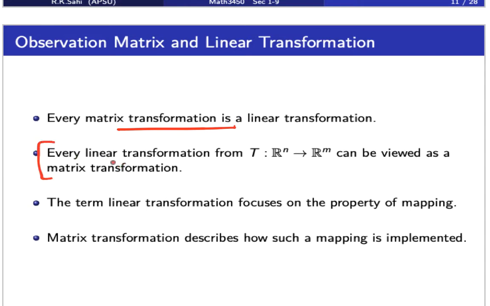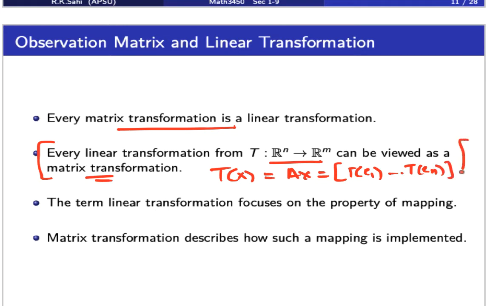And very importantly, every linear transformation from an n-dimensional space to an m-dimensional space can be viewed as a matrix transformation, and we get Tx as Ax, which is formed by T of E1 up to T of En, as many columns as the dimension of the domain of T, which is n, and the vector x1 through xn.